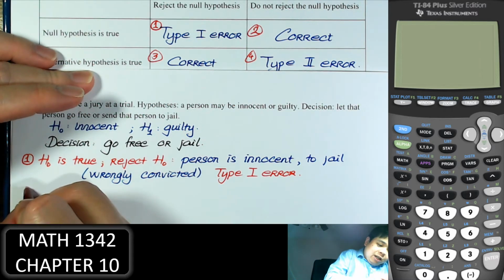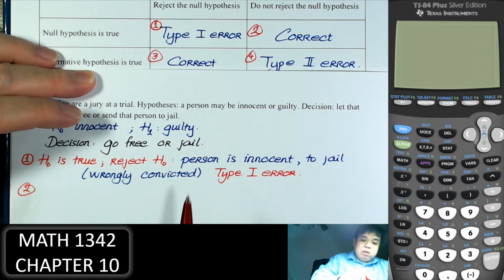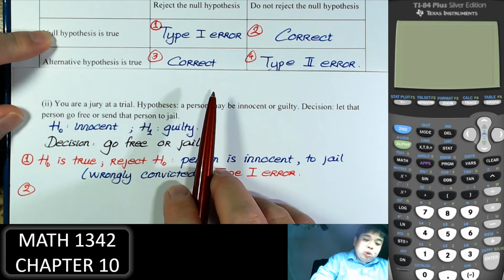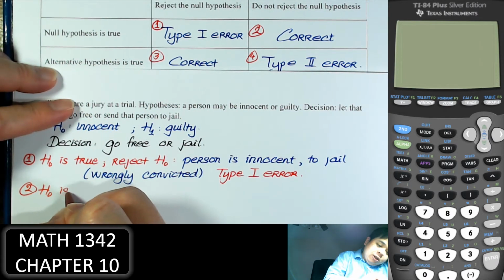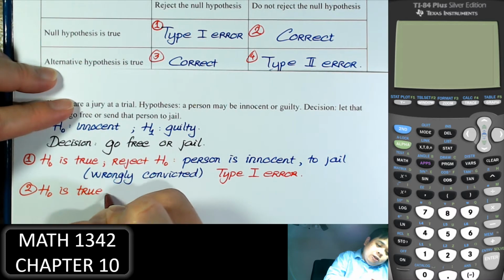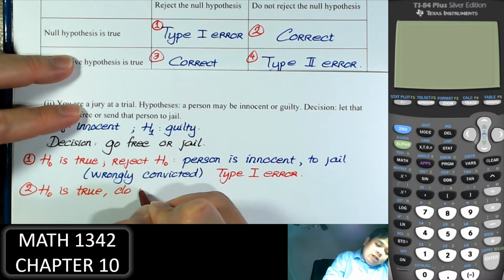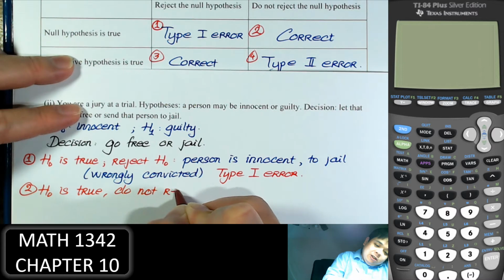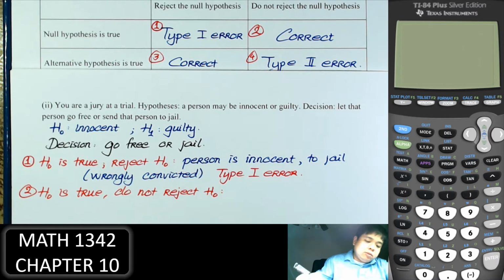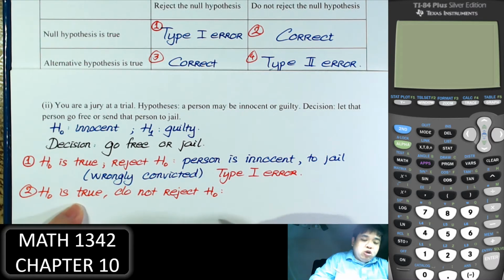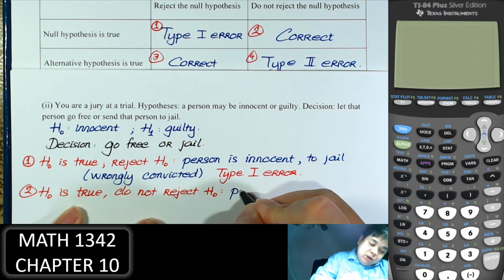Right. Scenario number 2, the null hypothesis is true and we do not reject it, so H0 is true and we do not reject it. So H0 is true, meaning the person is indeed innocent.